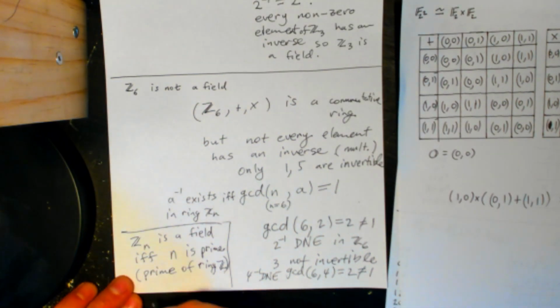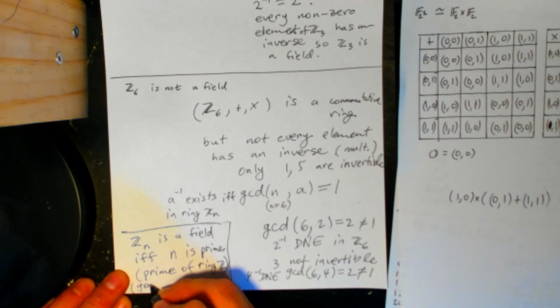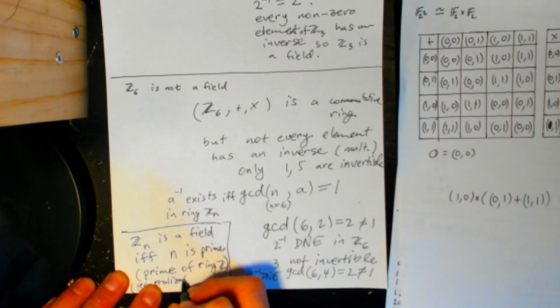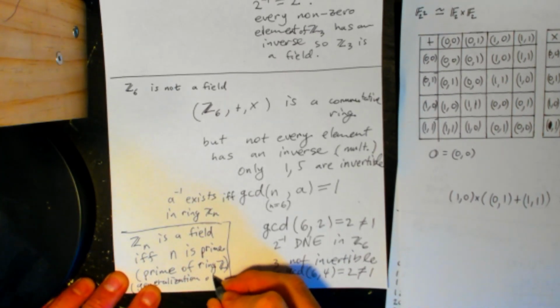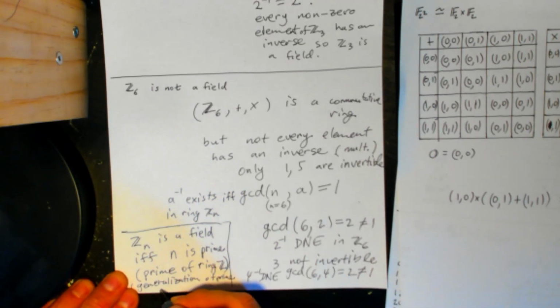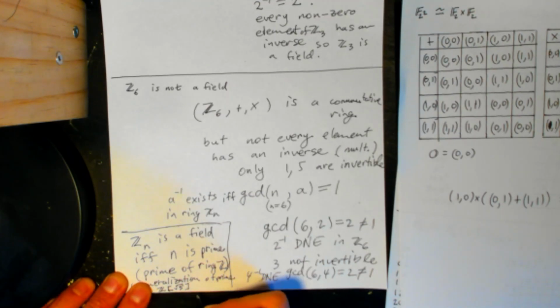So the generalizations of prime integers adjoin root 5.